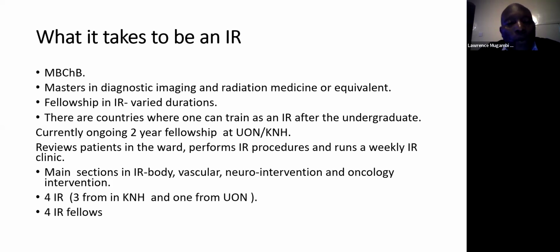We review patients in the ward, perform IR procedures, and run a weekly clinic in KNH. The main sections in IR are body, vascular, neuro intervention, and now oncology intervention.